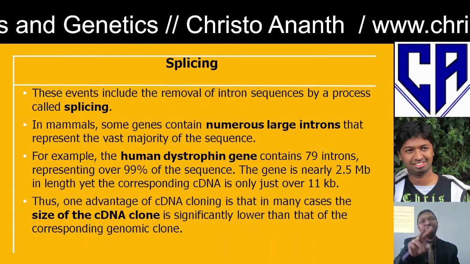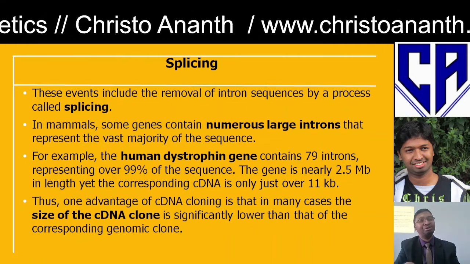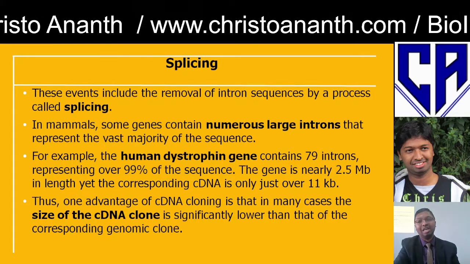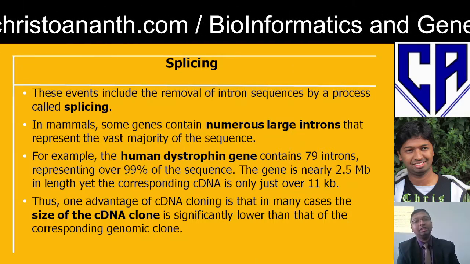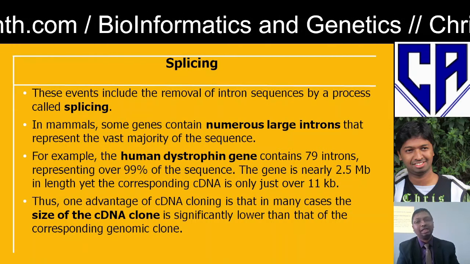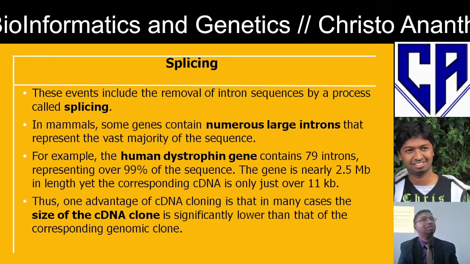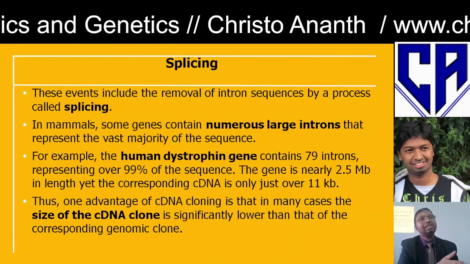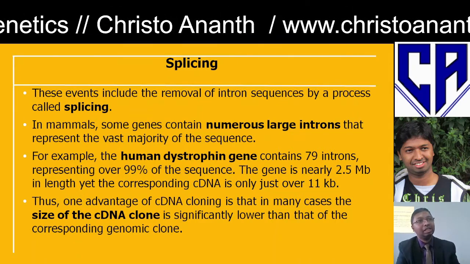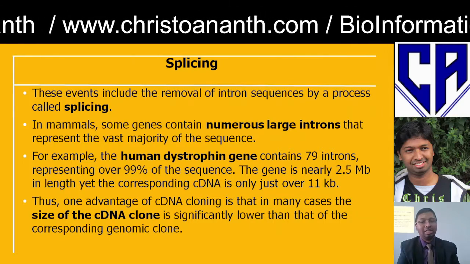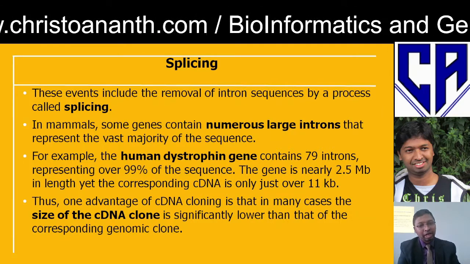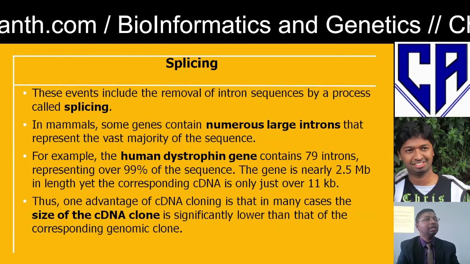We earlier talked about 22 KB, 25 KB, but now because of the introns it will be 2.5 MB in length. Yet the corresponding cDNA is just over 11 KB in size. That's the advantage of the cDNA, complementary DNA technique. You use this cloning for determining the size of the cDNA clone, and it is smaller than the genomic clone.